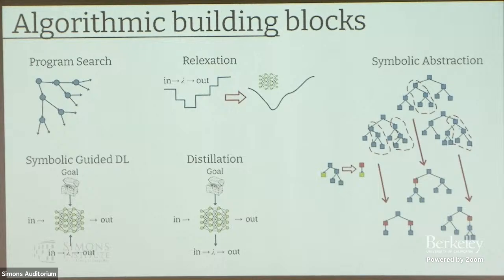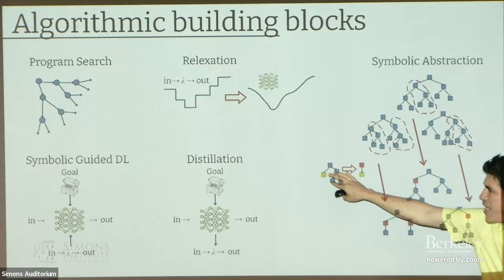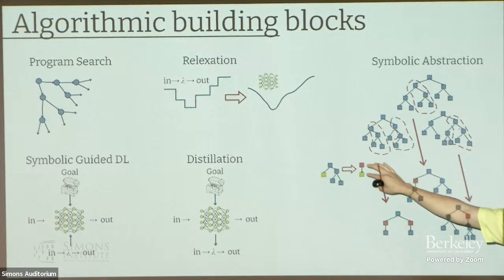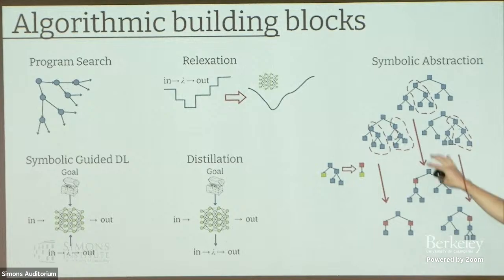And the final building block that we've found very useful and we've been exploring a lot is this idea of symbolic abstraction, being able to take many different symbolic representations, being able to identify common structures within the symbolic representations, being able to abstract that common structure into a new component that then allows us to represent this.